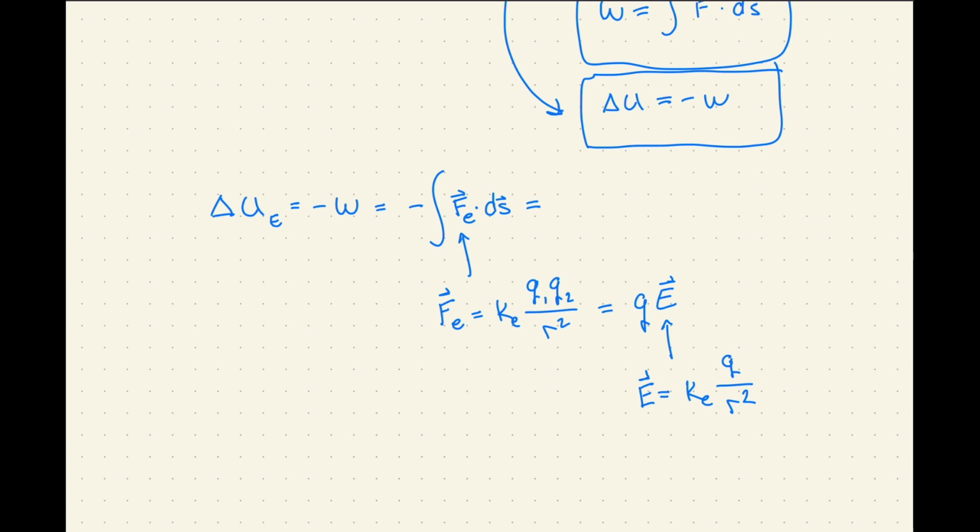So you can see they look very similar to Coulomb's law. In fact, if you take Coulomb's law here, Fe, and you divide out a Q, then you get the electric field.